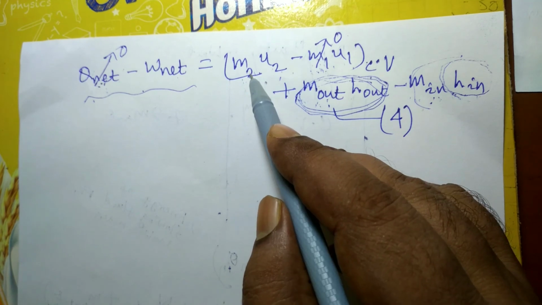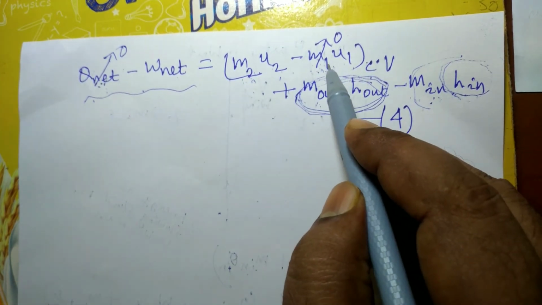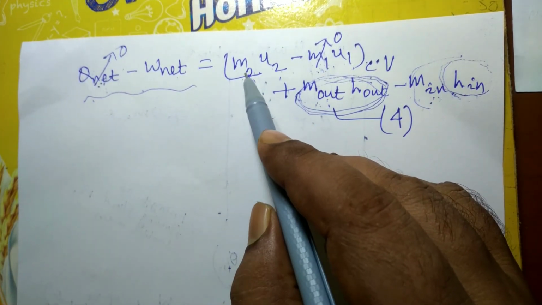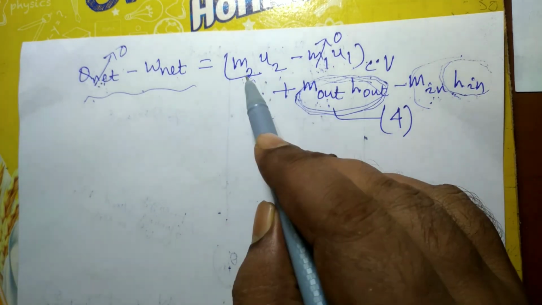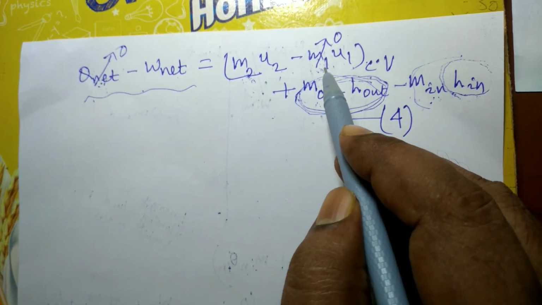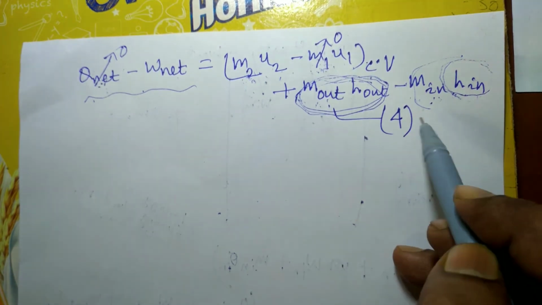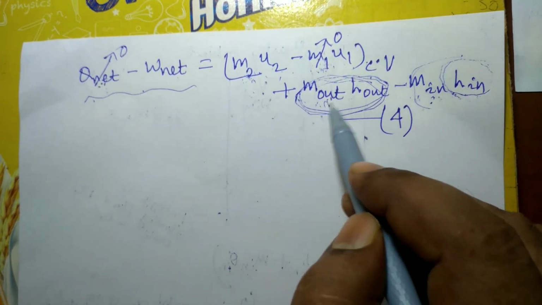Obviously m2 will always be different from m1, but had it been a steady flow process, m2 would be the same as m1 because m in would be equal to m out.